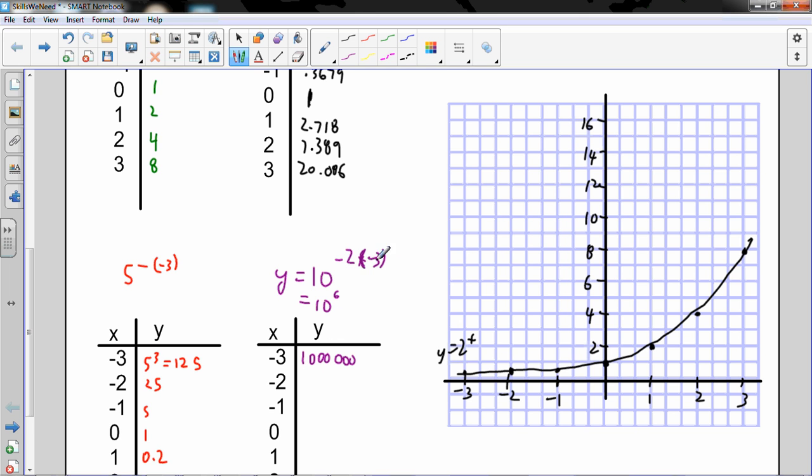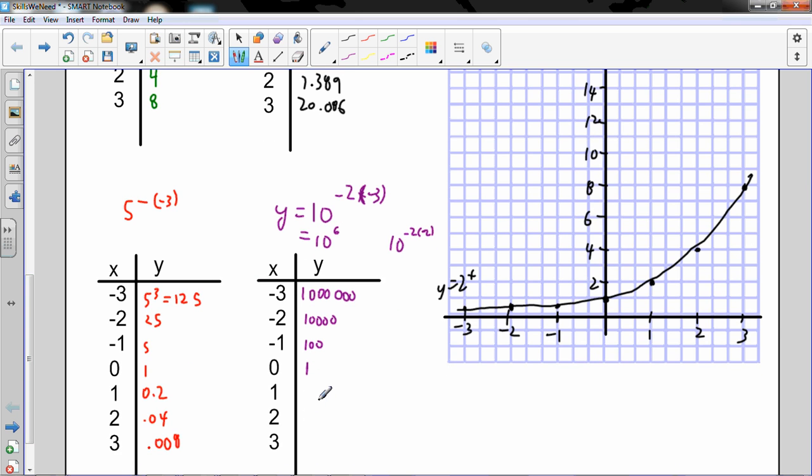And now when I put in, and I could use my calculator for this as well, right? 10 to the exponent negative 2 times negative 2, that's 4. 10 to the exponent 4. A 1 with 4 zeros, and so on. I can keep going here. This is still 1. And then these are almost 0 right away.